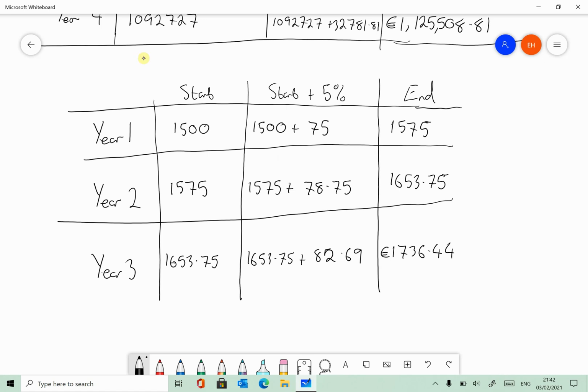So the woman began with 1,500, and every year it grew a little bit until it turned into 1,736.44. So at the end of the 3 years, there should be €1,736.44 in this woman's building society account. So a building society is just a fancy name for a bank account, okay?